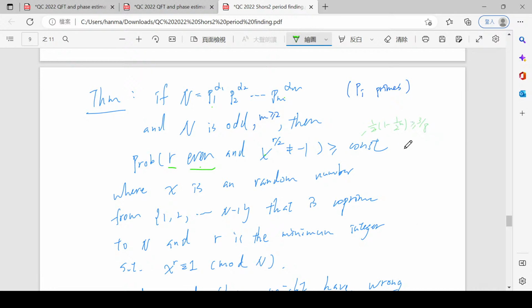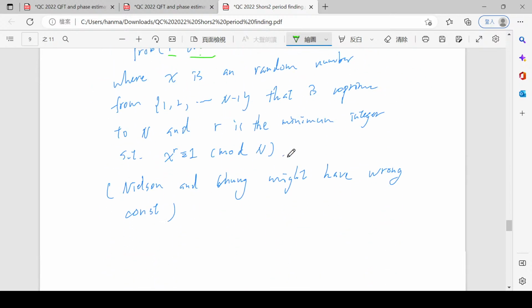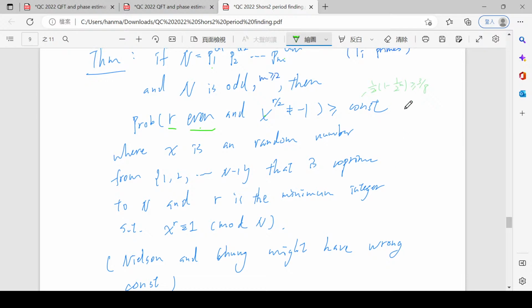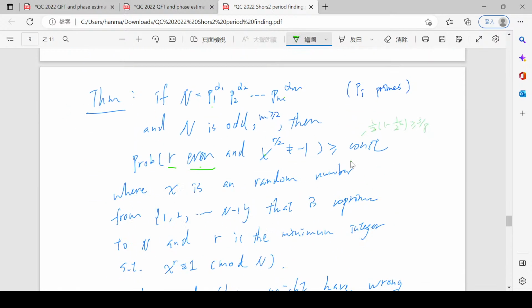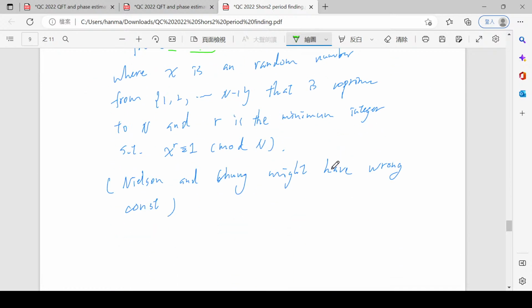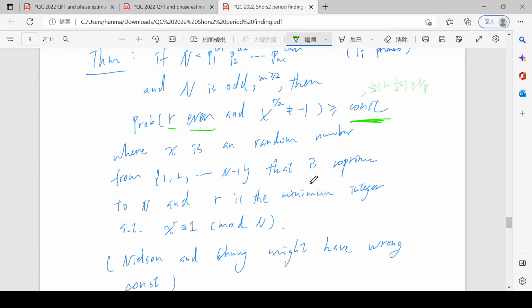I think this is slightly different from what's stated in the book. If you want to see the calculation, the appendix of the book has a pretty detailed one, and all we really need here is that this is a constant. And as we said, x is uniformly drawn from 1 to n minus 1, and we also check that it's coprime to n.